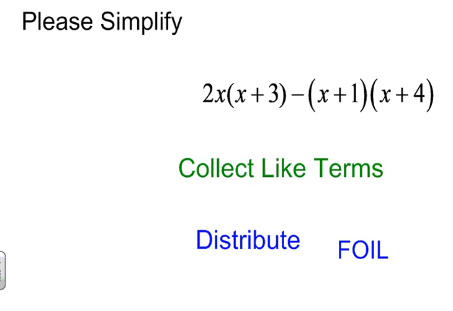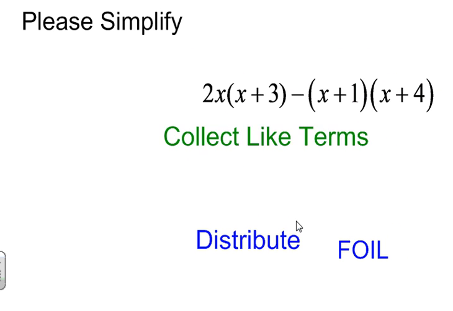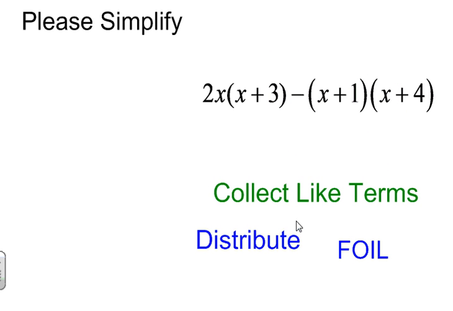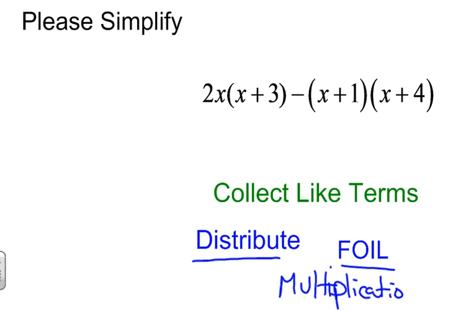And as always, there are probably going to be some things where you might have to collect like terms once you're done that. Okay? Well, what will really go first? We notice that distribution and FOIL are methods for multiplication, and collection of like terms is a method for addition and subtraction.